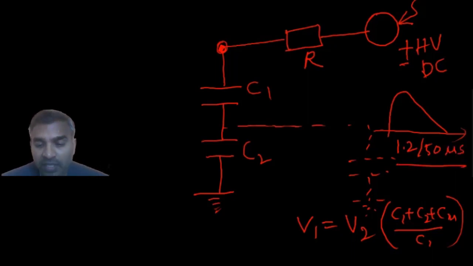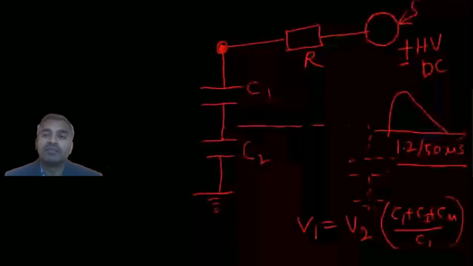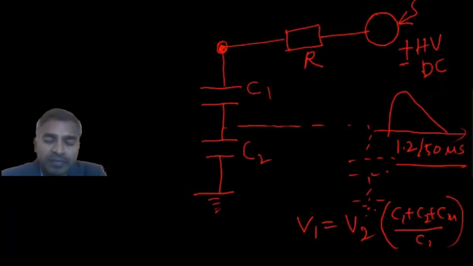So typically in microseconds. If picofarads are used, what will be the impedance? Megaohms, sir. Picofarads means 1 by 10 to the power of minus 12 into frequency 10 to the power of 6.